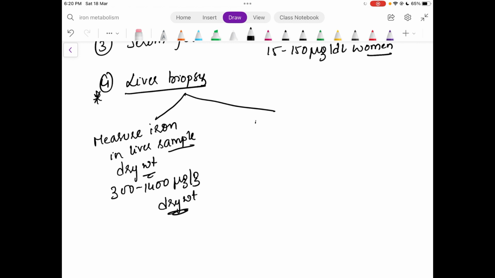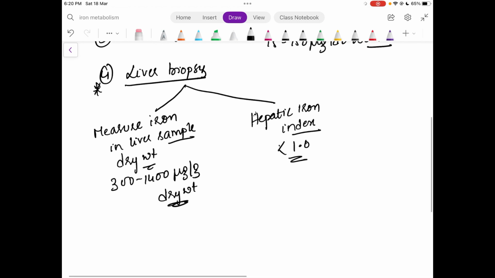You can also assess the iron in the liver by an index called the hepatic iron index. This index should be less than 1.